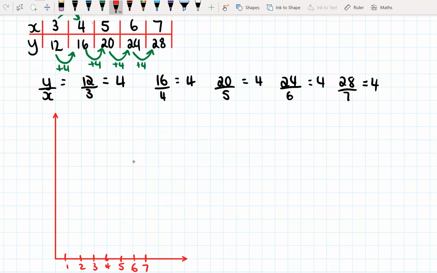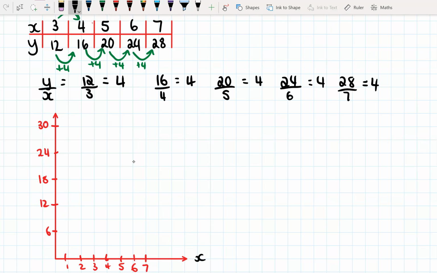On our y-axis we need to go up to approximately 30. Every one of these is worth 3, so we have 6, 12, 18, 24. If we make a graph of this, we will see what a directly proportional relationship looks like.